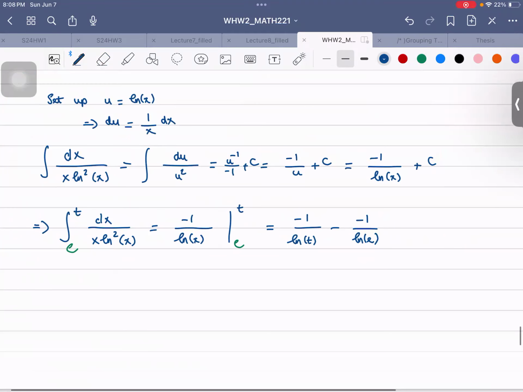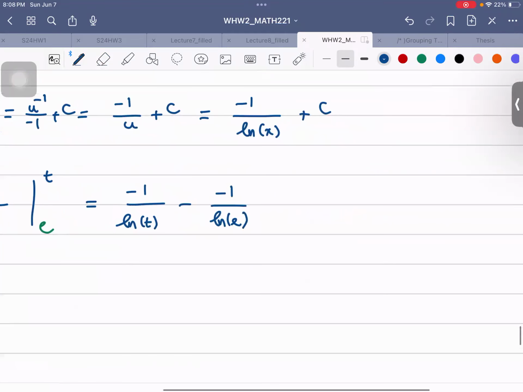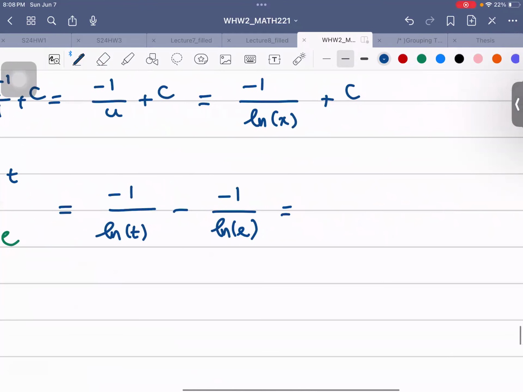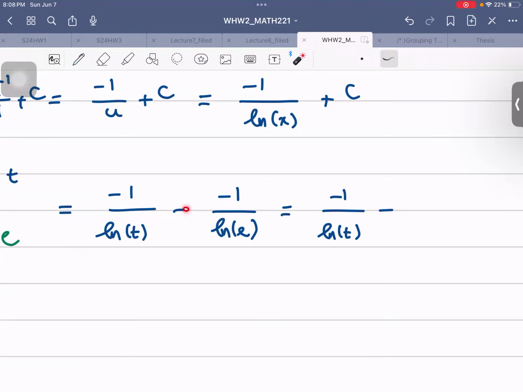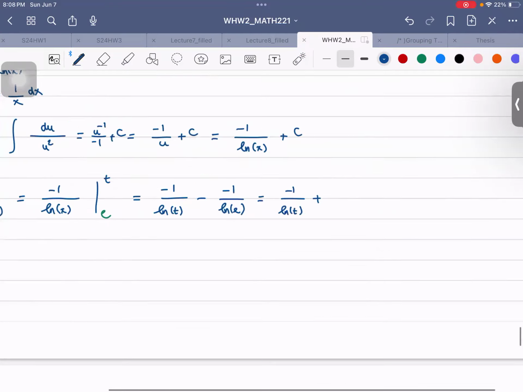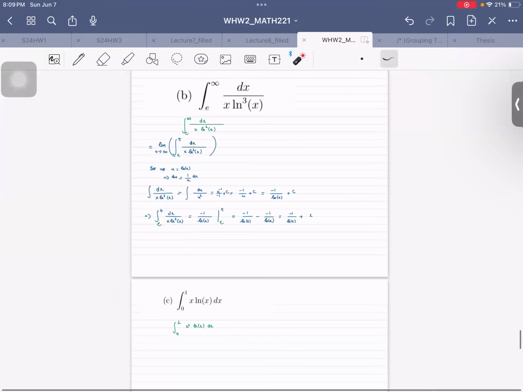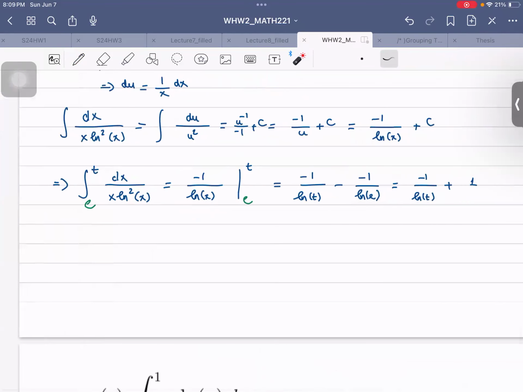Okay, for ln of e, you're going to have -1 over ln of t minus, minus gives you plus, so you have plus 1 because ln of e is 1. Now I need to evaluate the limit.